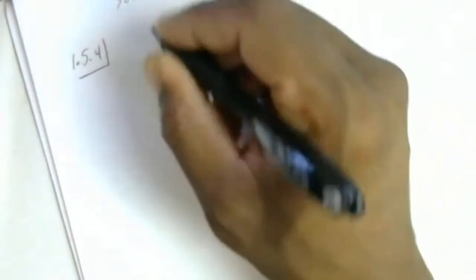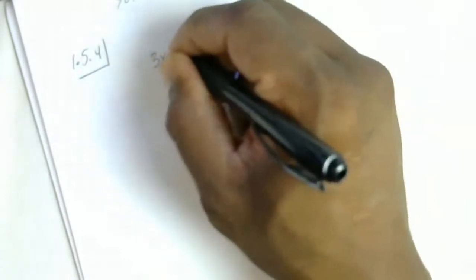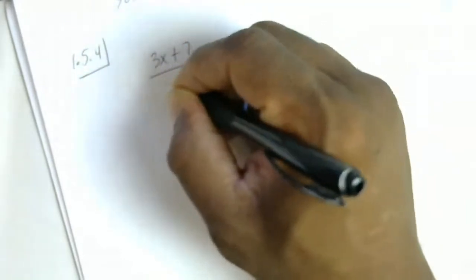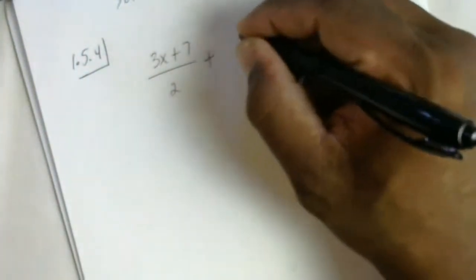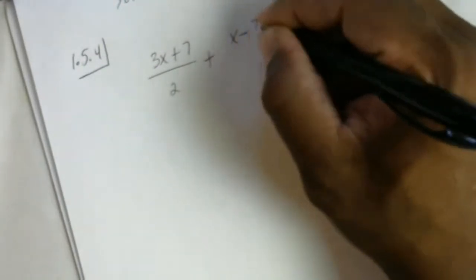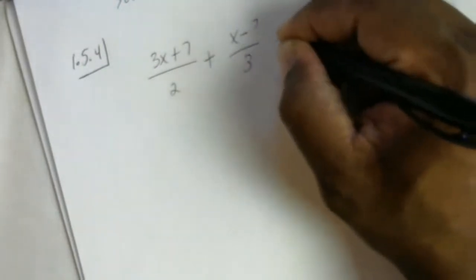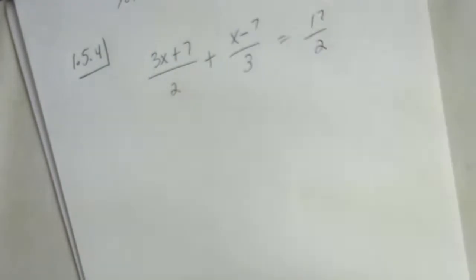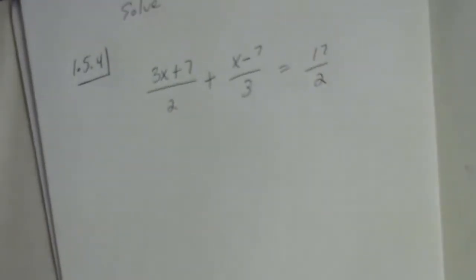And we're asked to solve 3x plus 7 over 2 plus x minus 7 over 3 is equal to 17 halves. All right, and we're going to use the 6 steps.